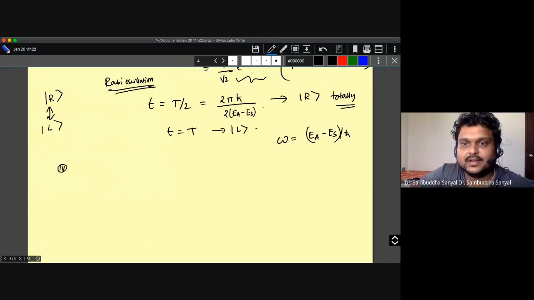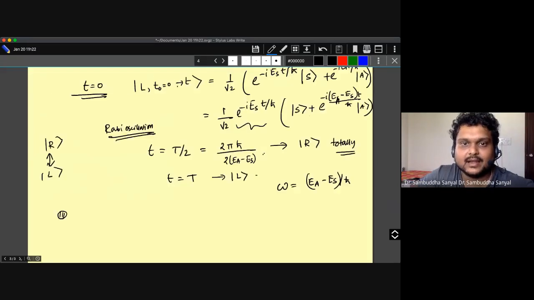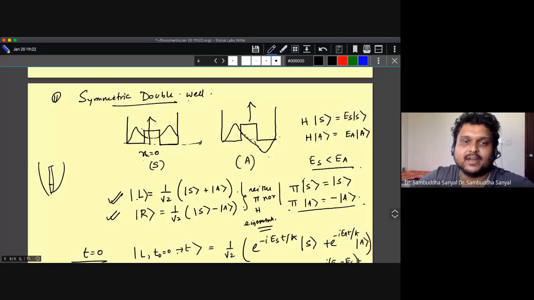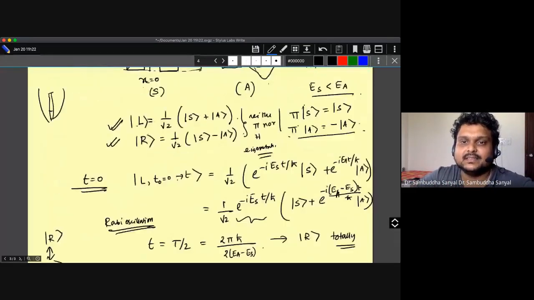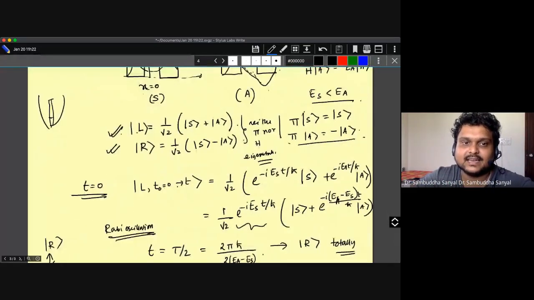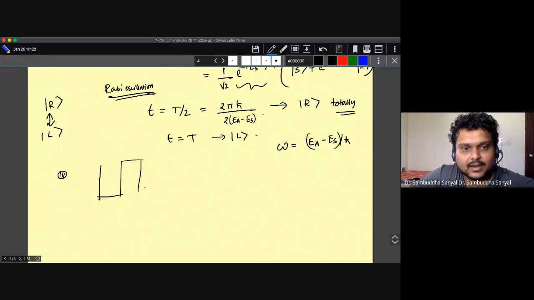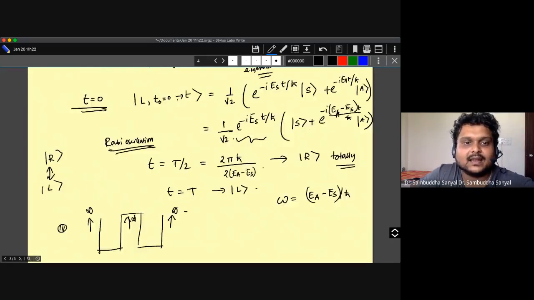So first of all, when you do that, this becomes two isolated infinite wells. And that means these states L and R become eigenstates. What are the eigenstates of these two infinite wells? This wall is going to infinity, and so is this. So now L and R are eigenstates.